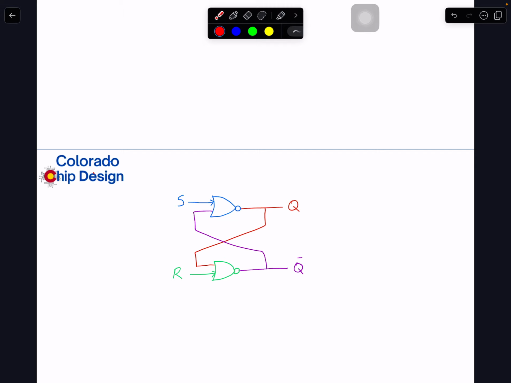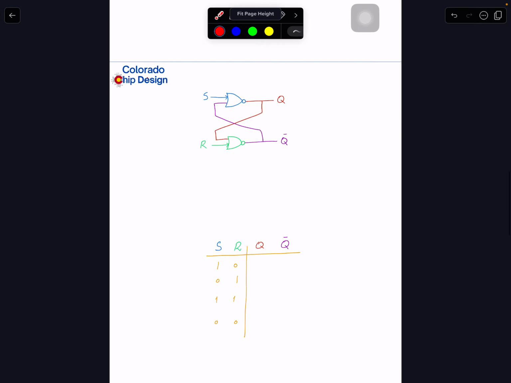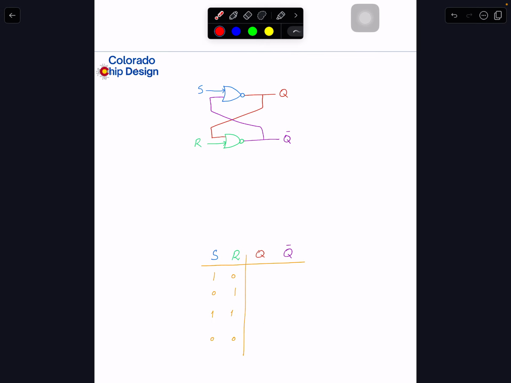And you will see that. Let's look into the truth table of this one, then you will understand what I'm talking about. Let me pick that pen. Okay, so let's first look at this case: set is 1 and reset is 0. On the NOR, if you remember, the basic truth table of NOR is OR, and NOR is the inverse of that.